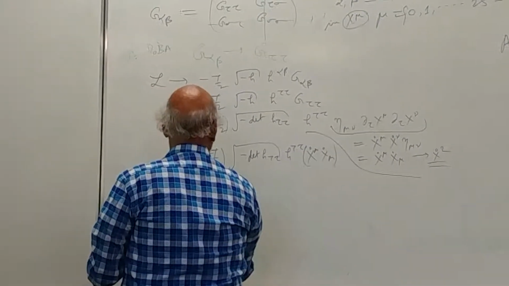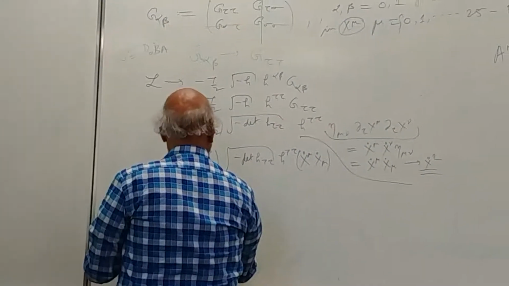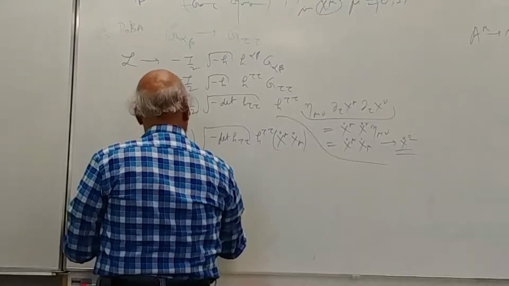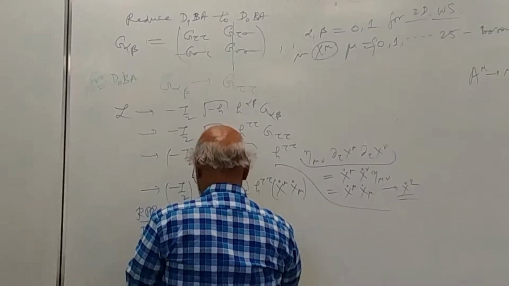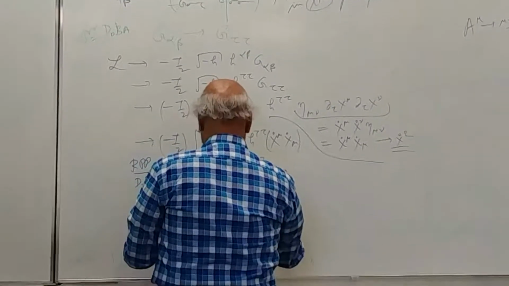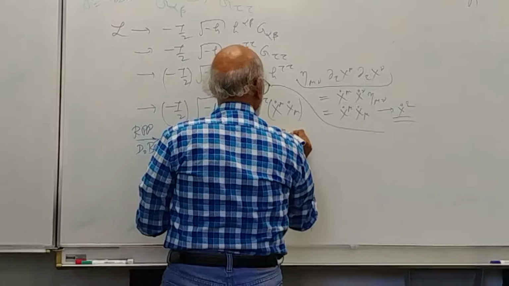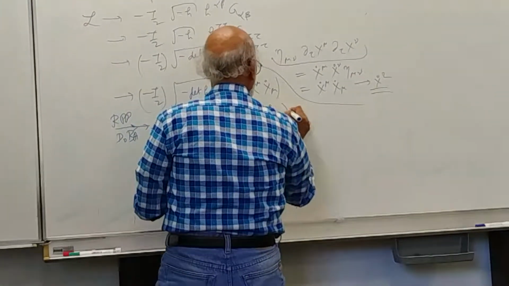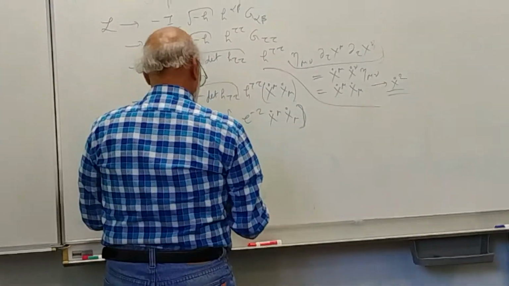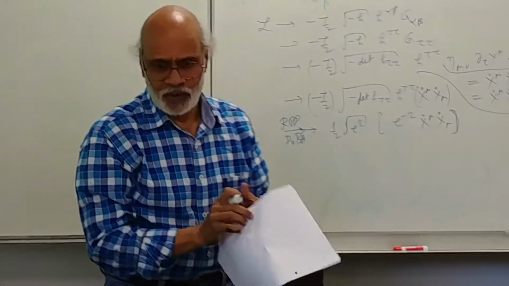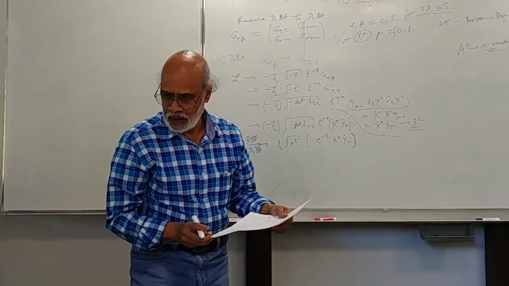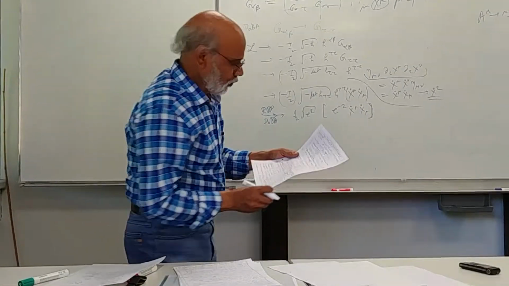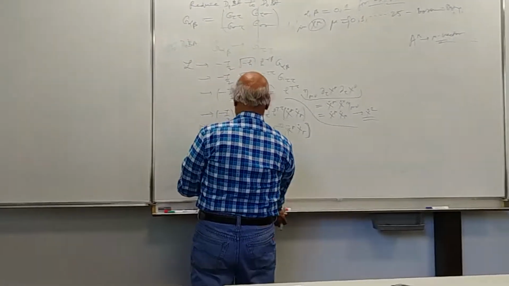You had this to be 1/2 square root of e square into e to the power minus 2 x nu dot x nu dot. You remember this from our earlier considerations.